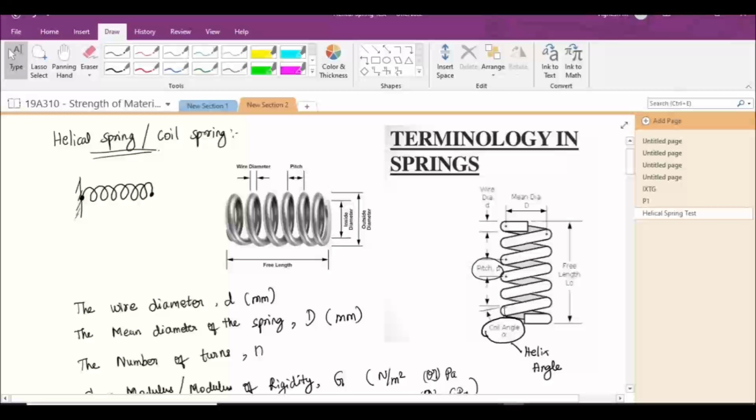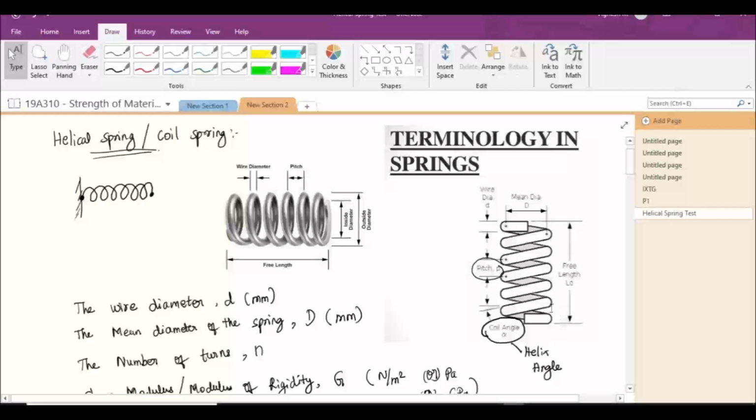So the diameter of the wire is d, and there are 6 turns, 1, 2, 3, 4, 5, 6. If I compress this, the entire thing will be closer together, and the total length of the spring is going to be 6 into d, or number of turns into d. But if I have a gap, the gap is also included, and that's the free length of the spring.